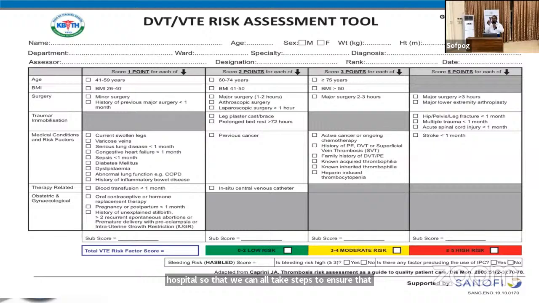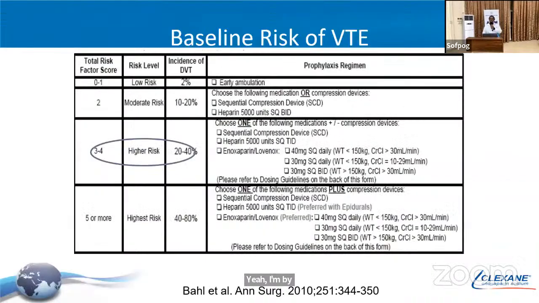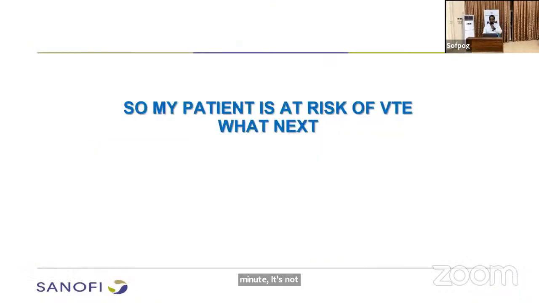And just as Dr. said, we should ensure that we are individualizing their therapy. And by doing this, individual risk assessment is very important. So there's a baseline when we look at the different risks that our patients might come with. Any patient with a risk greater than 3 is known as a higher risk patient, and these people have to be given thromboprophylaxis.